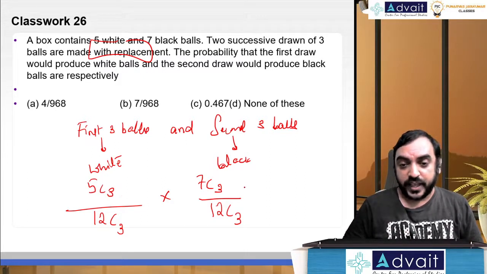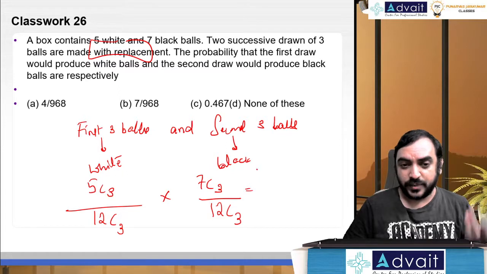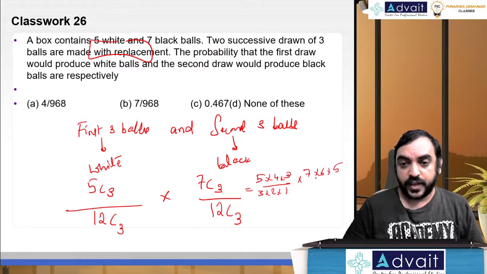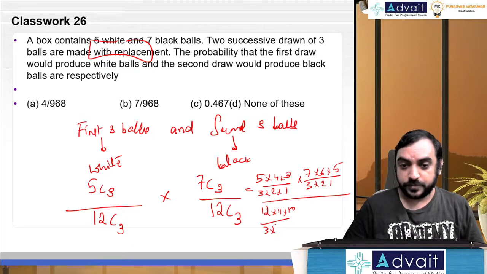Anyway, so 5C3, nothing but 5C2 you can say. So 5 into 4 into 3 divided by 3 into 2 into 1. 7C3, 7 into 6 into 5, 3 terms, divided by 3 into 2 into 1. Whole divided by 12C3, 12 into 11 into 10 by 3 into 2 into 1. Same thing.